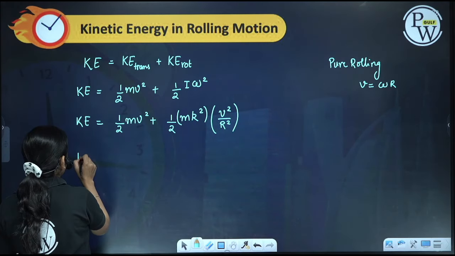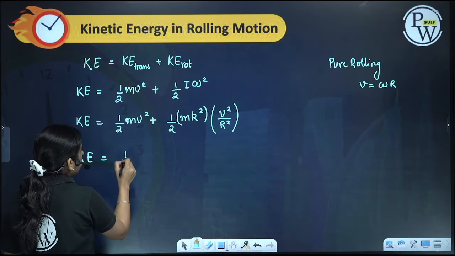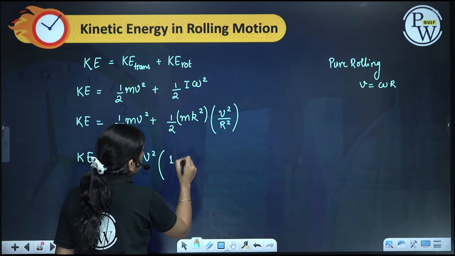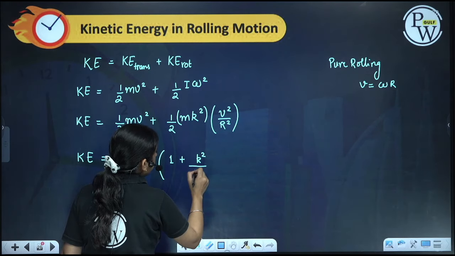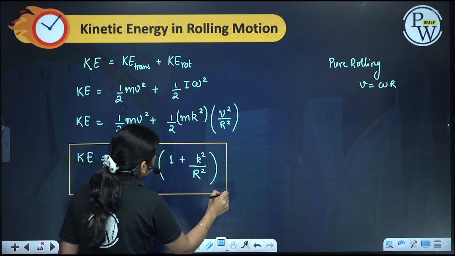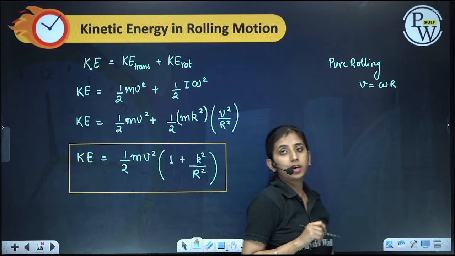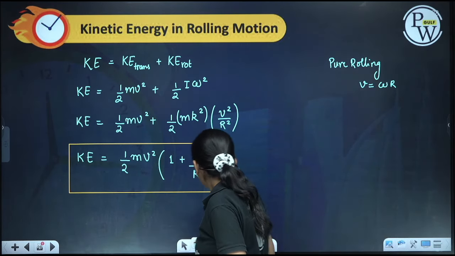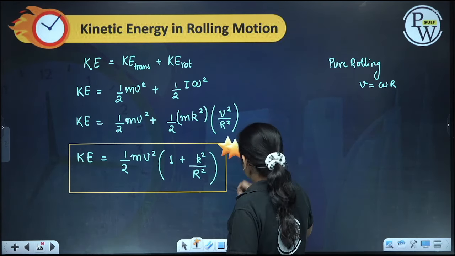Now half mv square is common, we will get 1 plus k square by r square. This is the total kinetic energy in the rolling motion, a very very important relation.